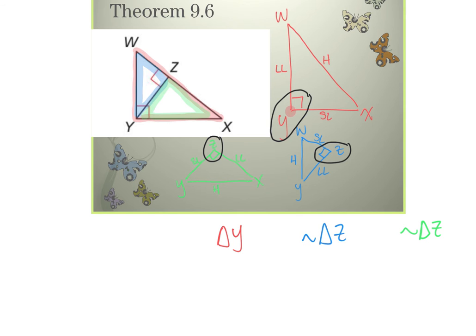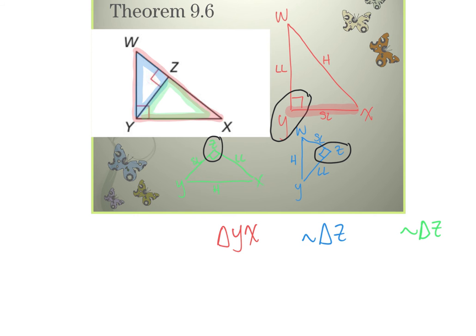To X or to W? It doesn't matter. Just pick one. Let's go to X. Do you agree that if we go to X, we're going along the shorter leg? So that means let's write from Y to X in the red one.